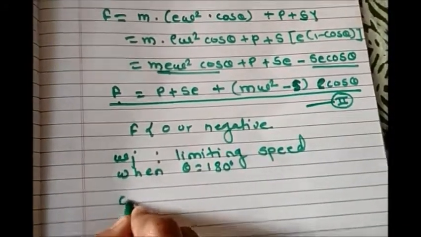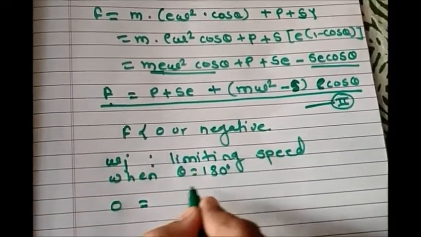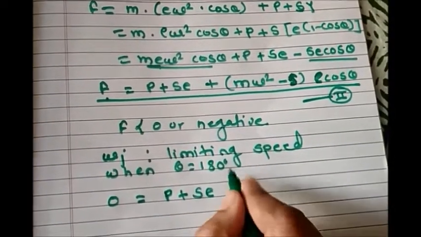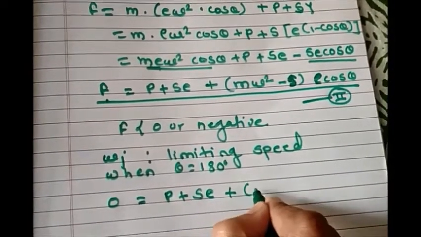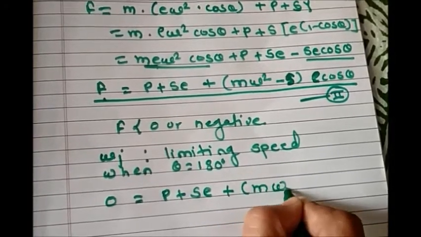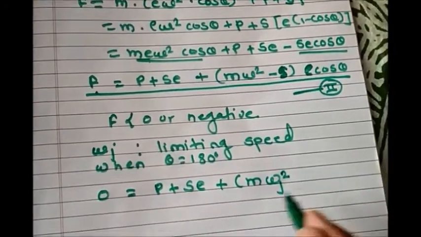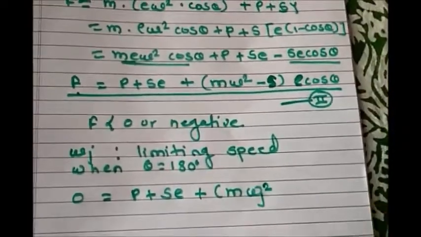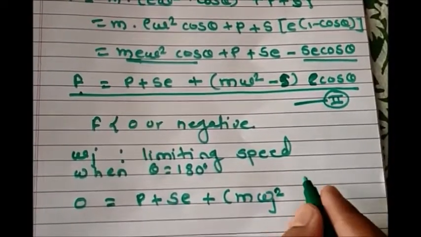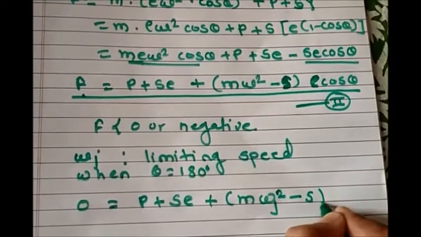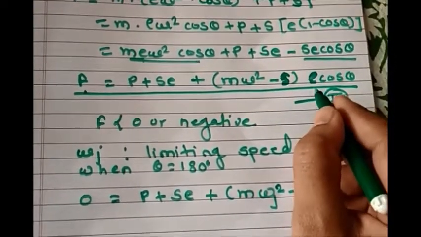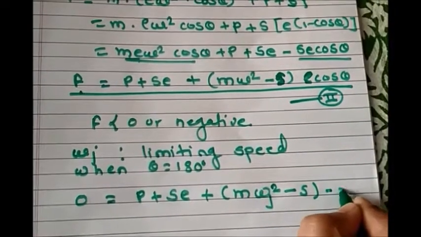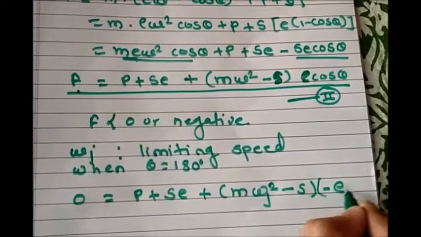So the contact force will be 0: P plus S e remains as it is, plus m omega j square, because contact force is 0 and cam jump will occur after that, minus S, and here cos of 180 is minus 1, so minus e is there in multiplication.